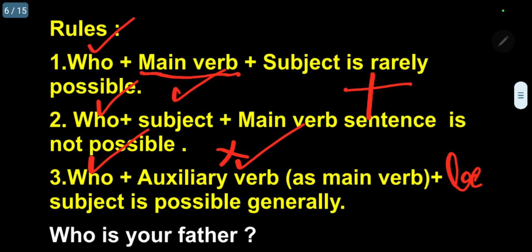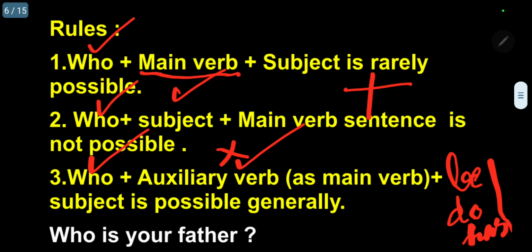Then second, we'll call it do verbs: do, does in present tense, did in past tense. And third is has, have in present tense, had in past tense. So these three types are auxiliary verbs.